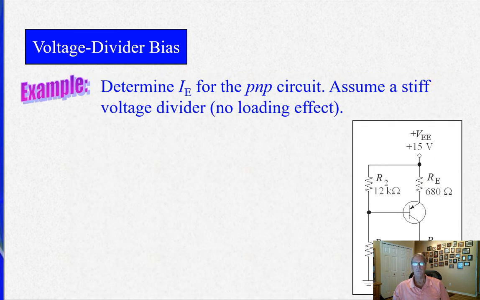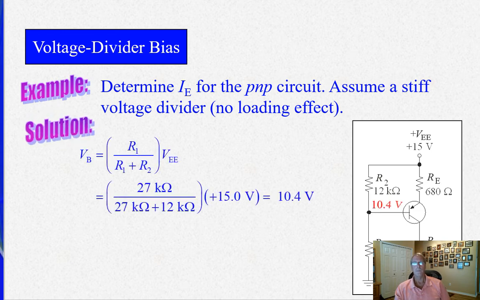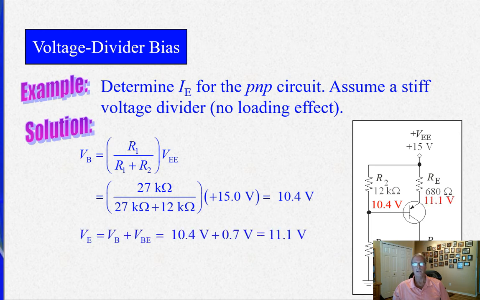And there's a little example here. We're going to assume a stiff voltage divider, so we're not going to do the Thevenin. So we get 10.4 volts using the same technique, voltage divider. And we can calculate VE by adding this 0.7 volts. Remember, you have to add it.